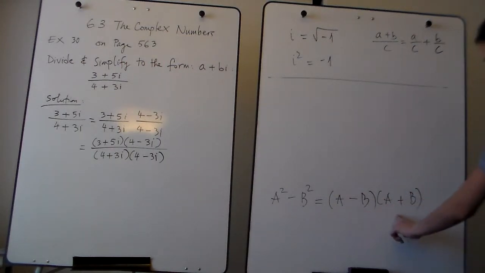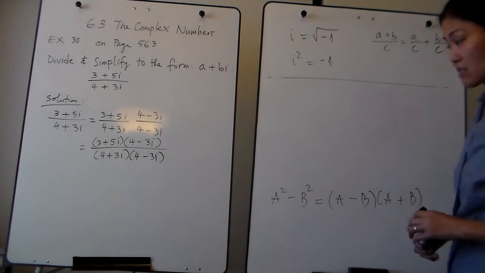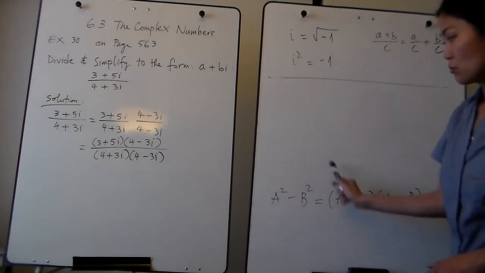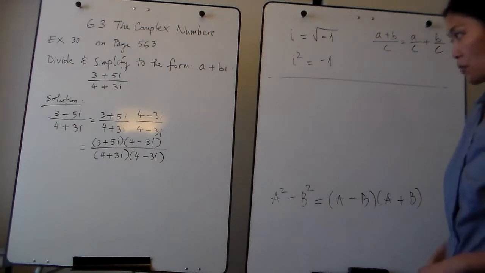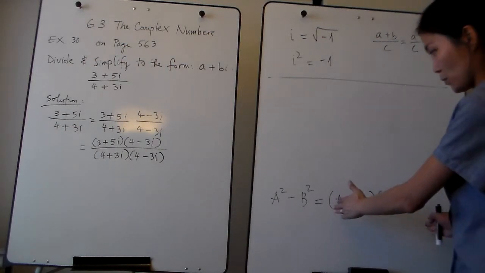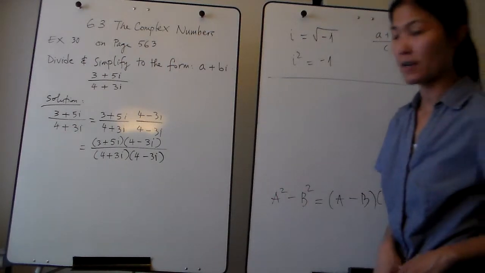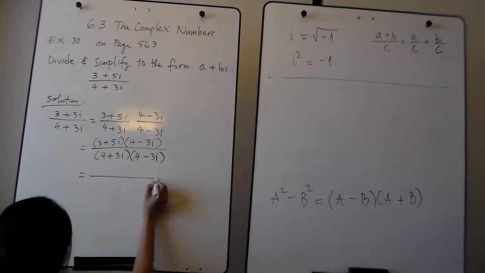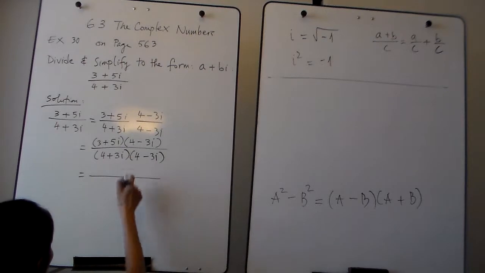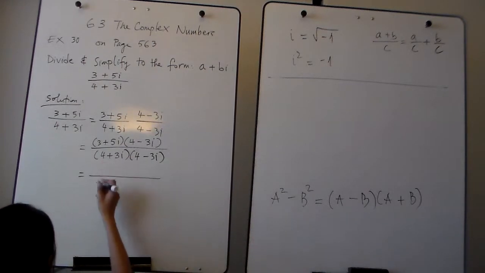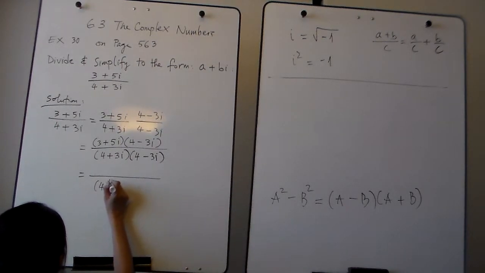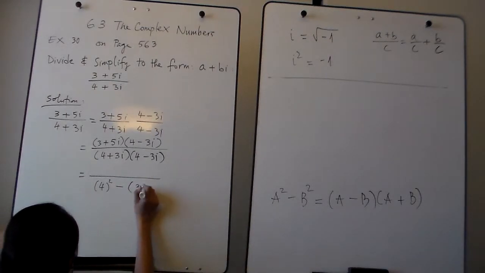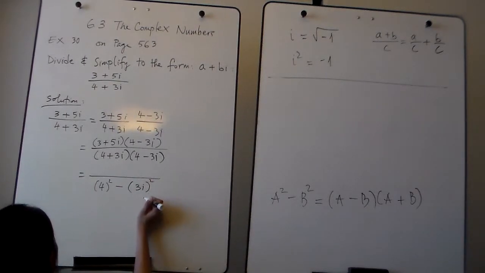That means you can simplify it to these two terms, a squared minus b squared. So applying this formula to the denominator, you get a squared, which is 4 squared, minus b squared, b in this case 3i, so 3i squared.